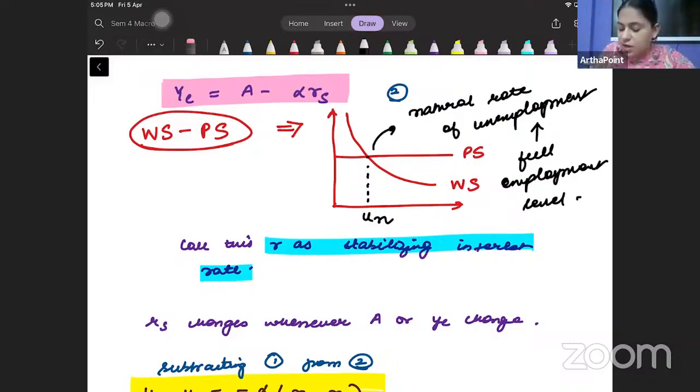Let us say when output is at full employment level, that means everybody in the economy is employed, everybody has jobs, except seasonal and frictional unemployment. Then beta, at that point, I am calling that level of output my equilibrium level of output.